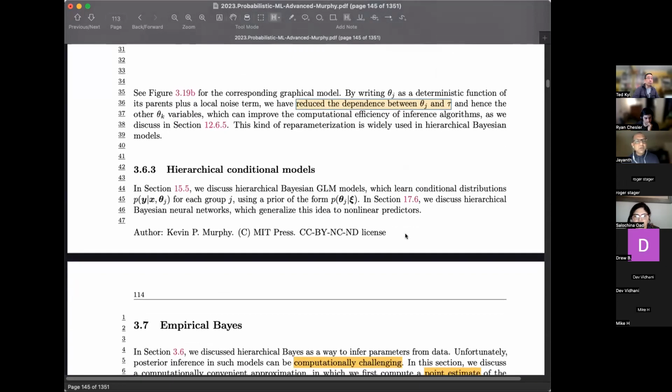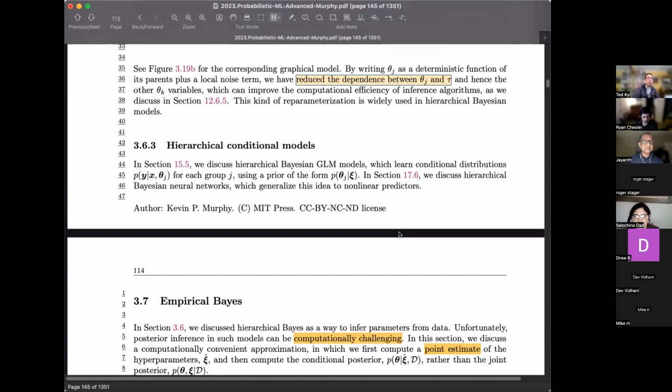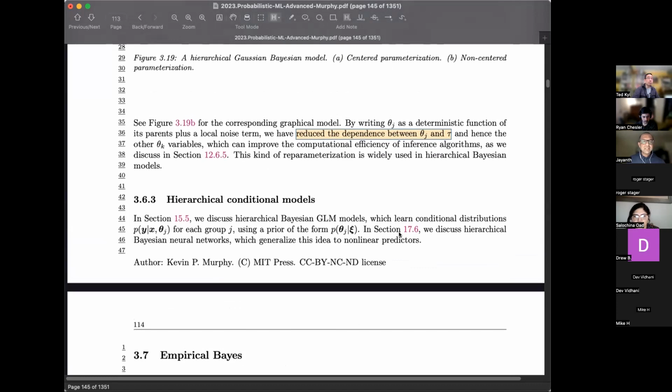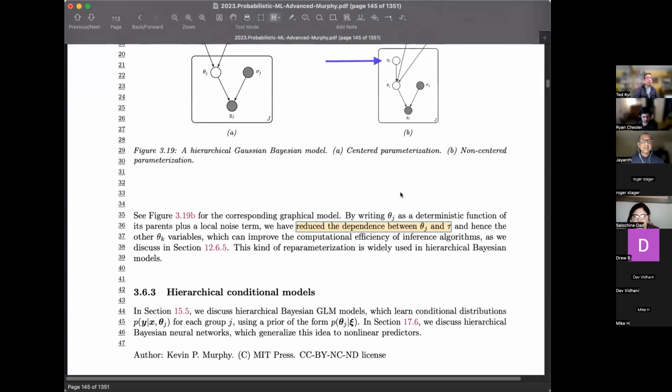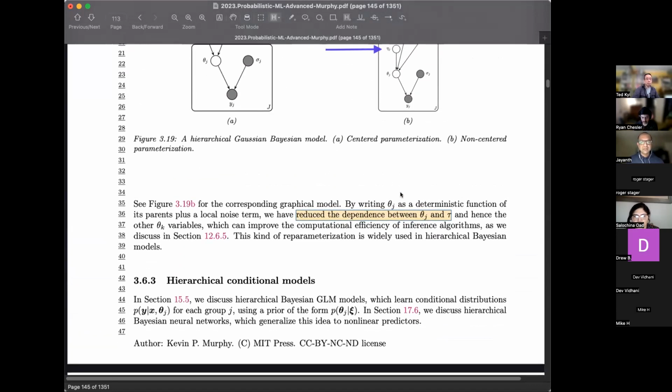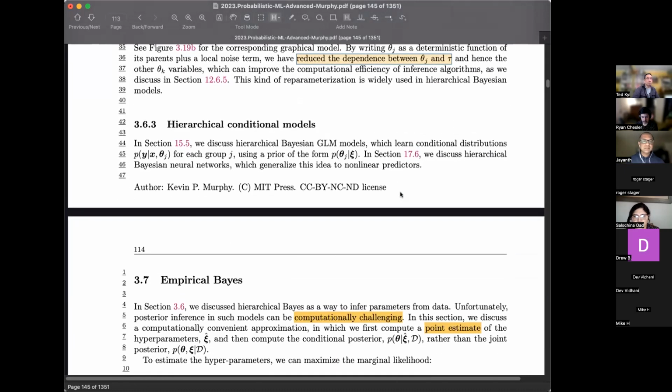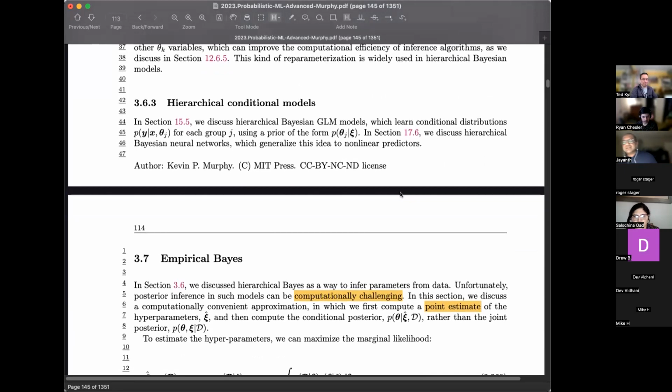And then there's a small note about hierarchical conditional models, and I guess we will cover it later in 15.5 and 17.6. So that's about the hierarchical models. Any questions there? Any comments or questions?